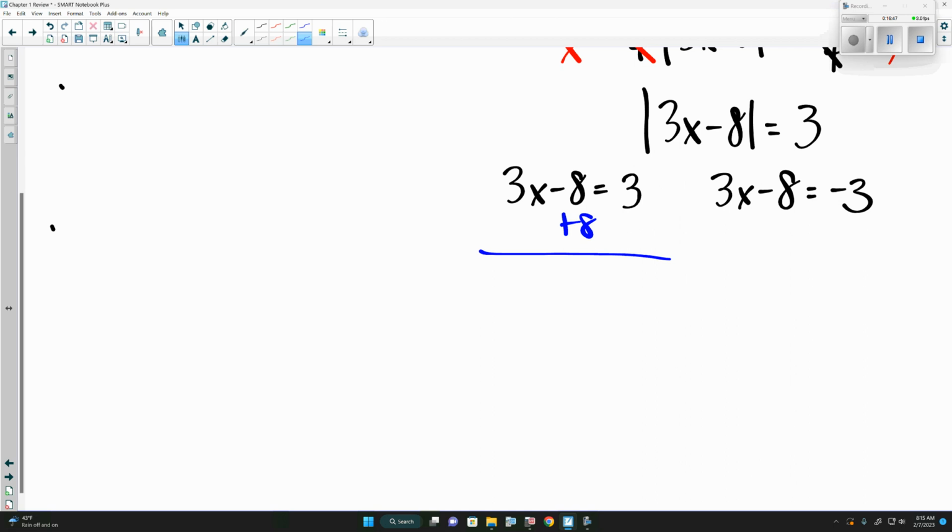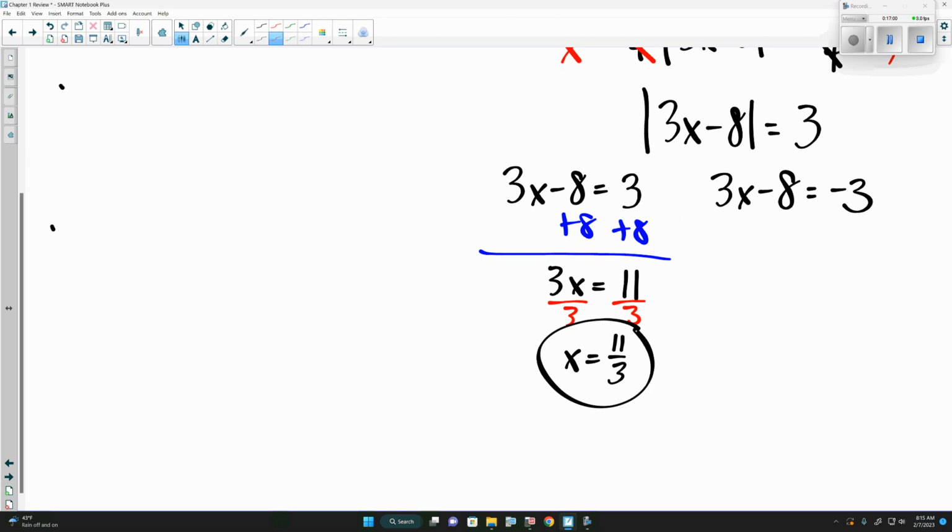At this point here, we would add 8 to both sides, telling us that 3x is equal to 11. Divide both sides by 3, telling us x is equal to 11/3. The other side, we would do the same thing. We would add 8 first, telling us that 3x is equal to 5.